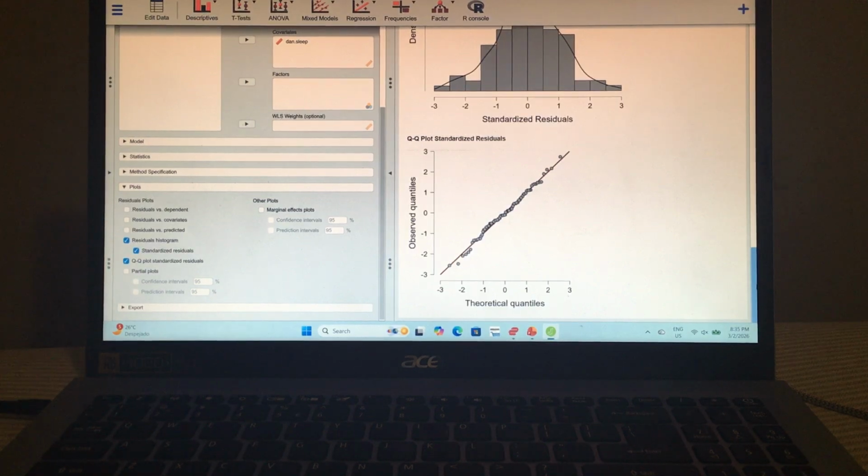These are standardized in that they are converted to z-scores. If you'd prefer to see the raw residuals in JASP, you can go under residuals histogram and uncheck the box next to standardized residuals.